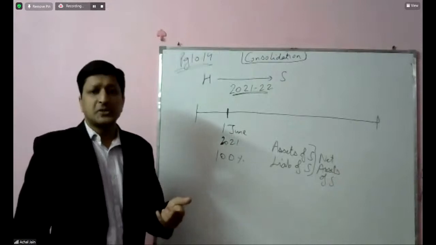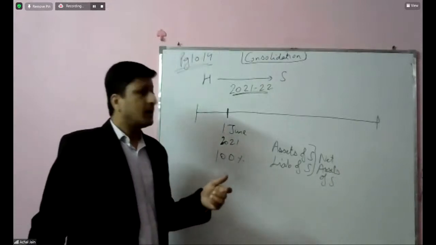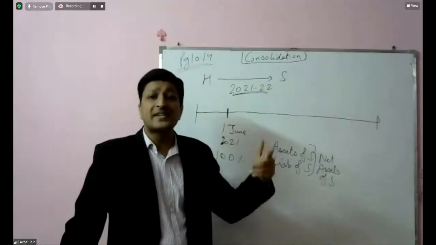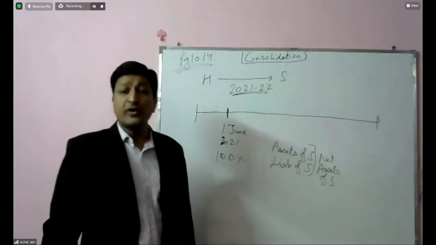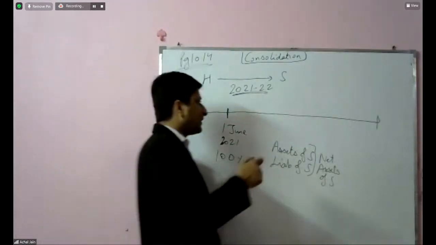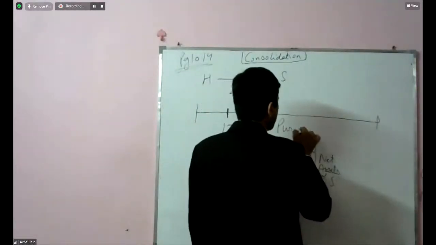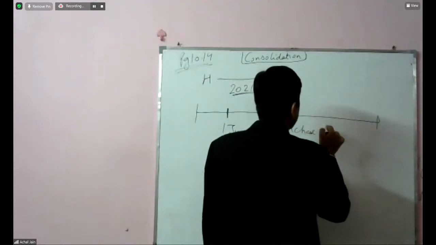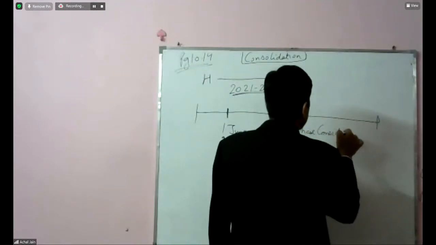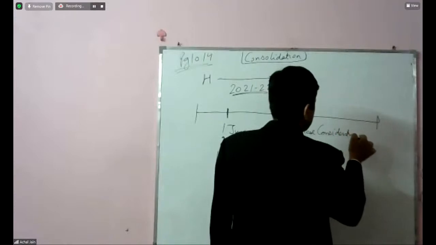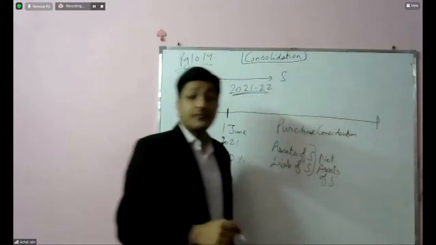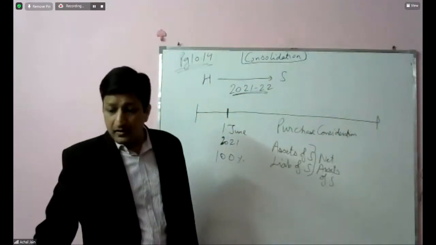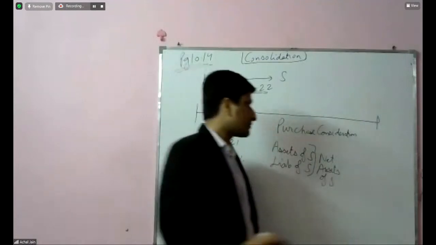In return for this, H will also be required to pay something. So what will H pay? H will pay purchase consideration. Say for example, H has paid 100 rupees.